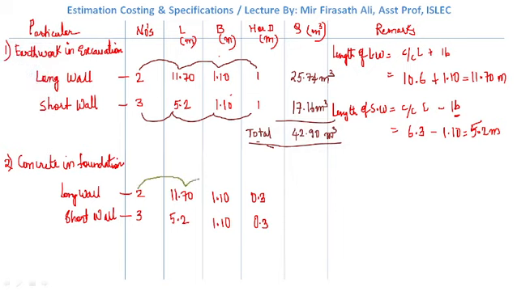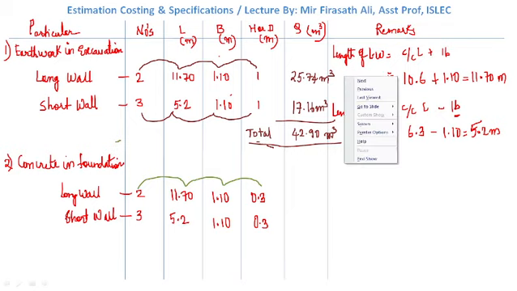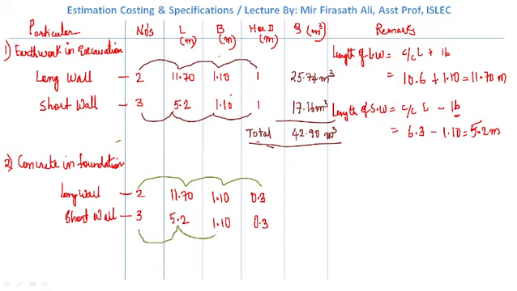Two into 11.7 into 1.0 into 0.3, and here also 3 into 5.2 into 1.0 into 0.3. We need to multiply this.